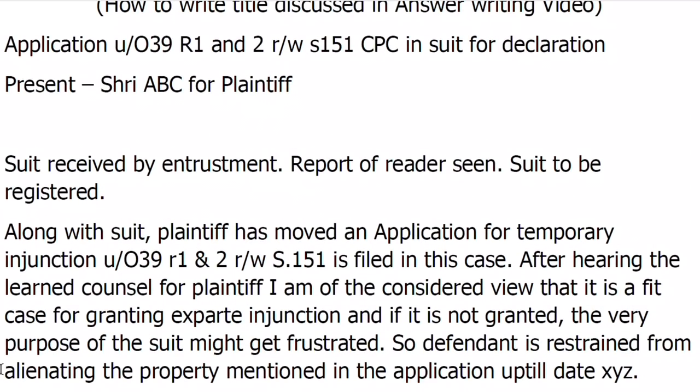So you write, along with the suit, plaintiff has moved an application for temporary injunction under Order 39, Rule 1 and 2, read with Section 151. In this case, after hearing the learned counsel for plaintiff, I am of the considered view that it is a fit case for granting ex parte injunction, and if it is not granted, the very purpose of the suit might get frustrated.